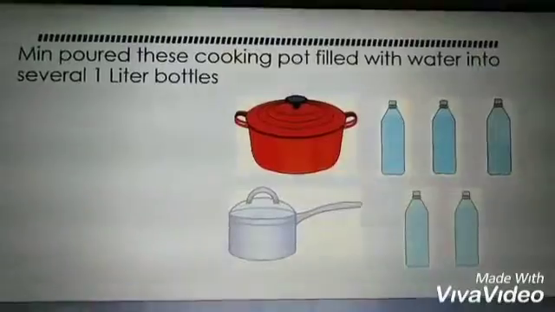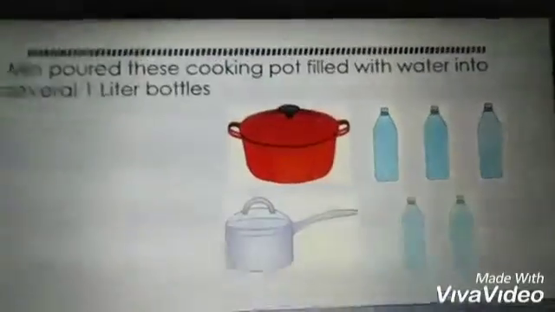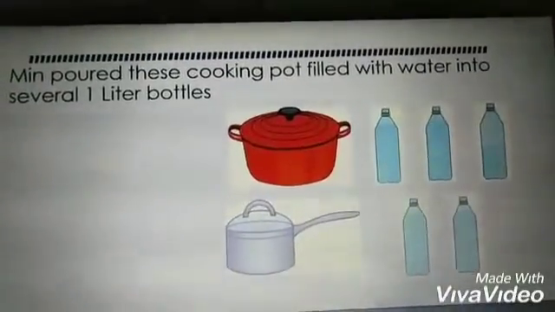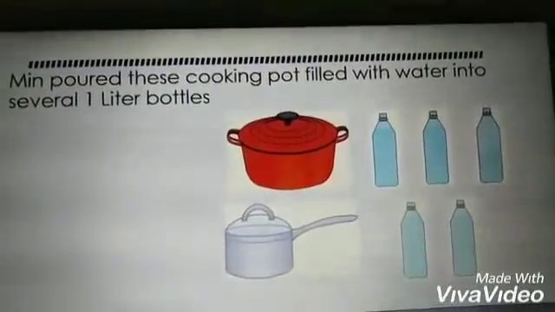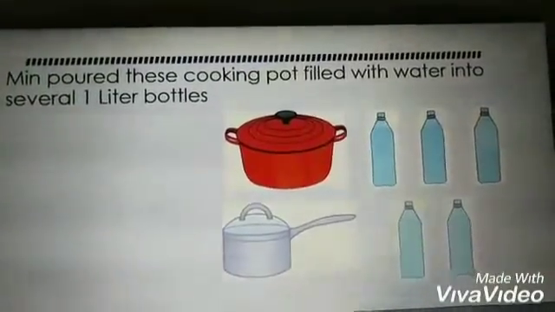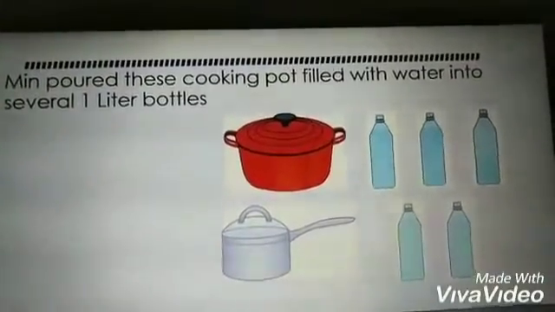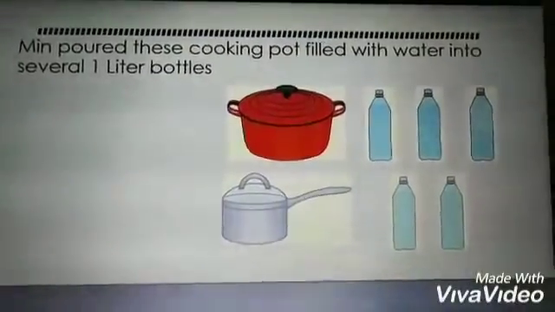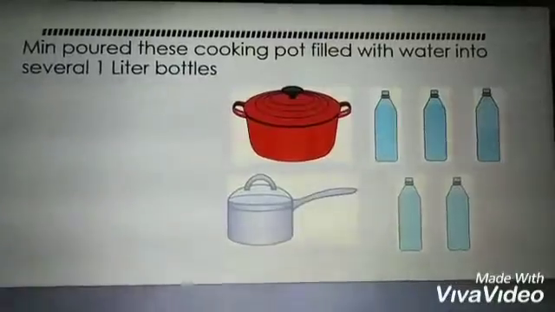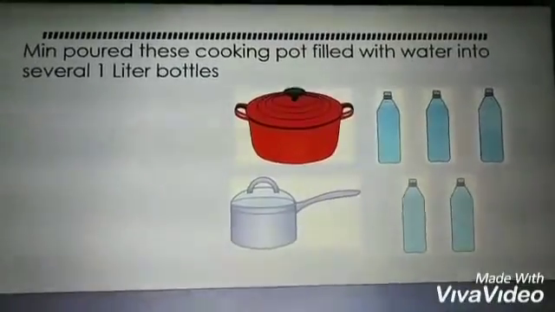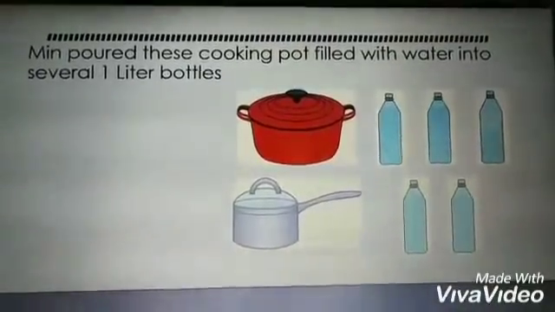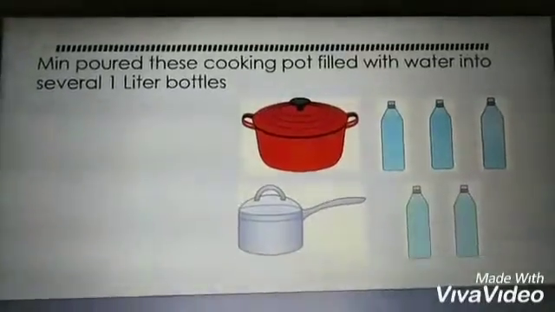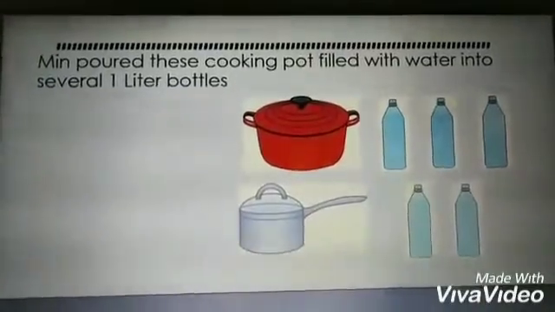Here is another example that shows us how we can compare the capacities of two different containers. These two cooking pots have different sizes and different shapes. To compare the capacities of these cooking pots, Min poured these cooking pots filled with water into several 1-liter bottles.